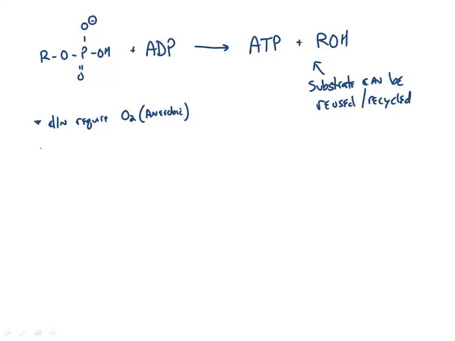And this is really the only source of ATP under anaerobic conditions. And it's basically only for small amounts of energy. And it's very inefficient. Maybe I'll give that its own bullet point.